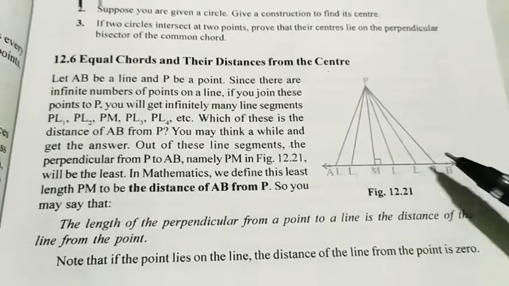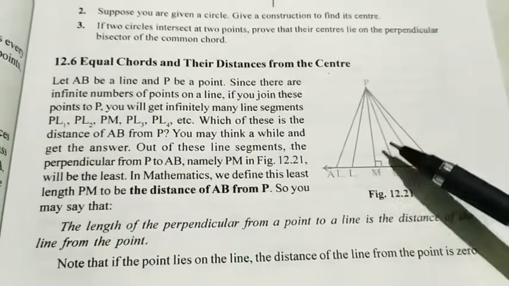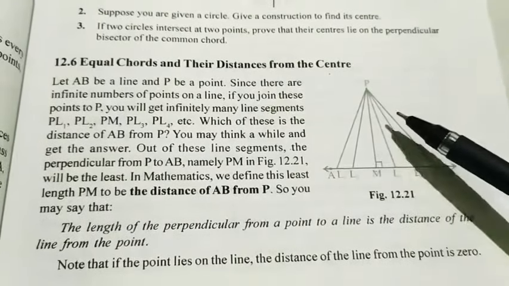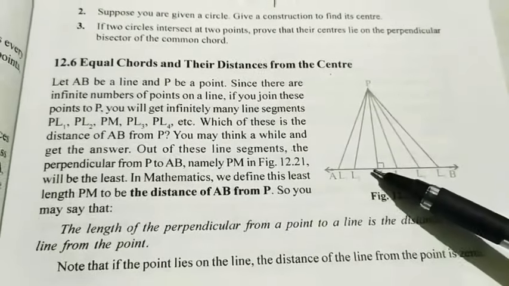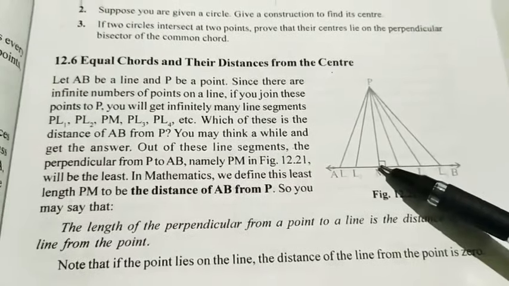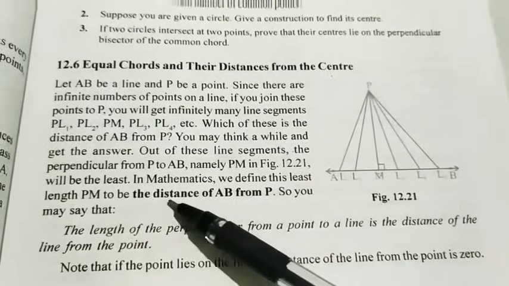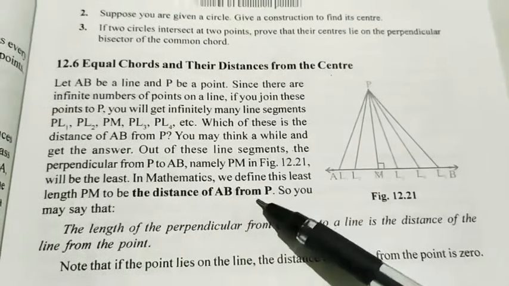If we draw other lines joining P, we will see that almost all are longer than PM. That's why PM is the shortest length, the least length, the distance of AB from P.